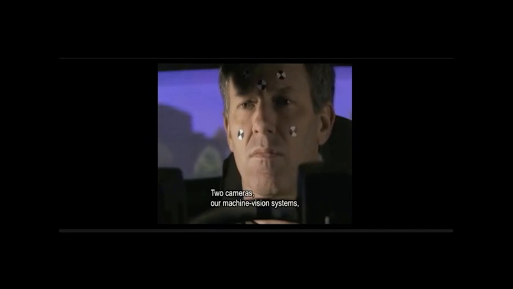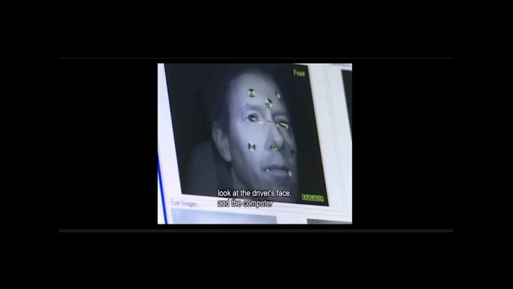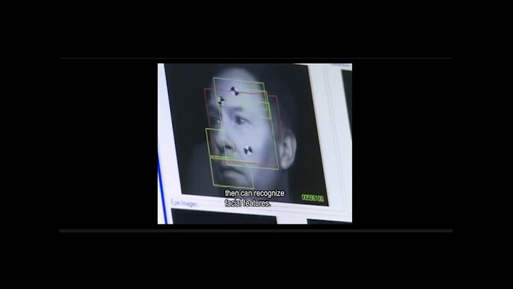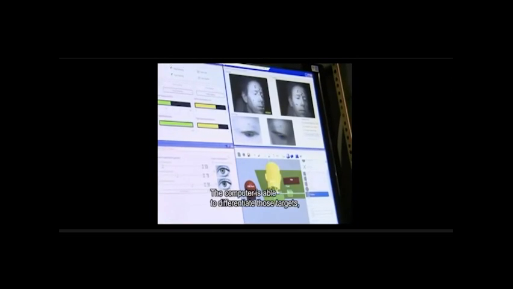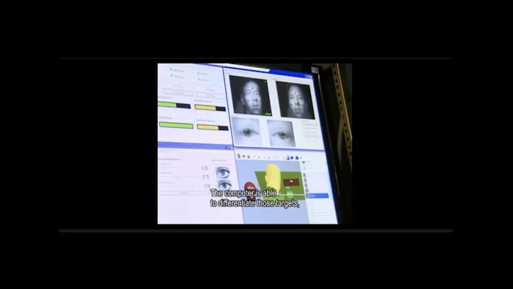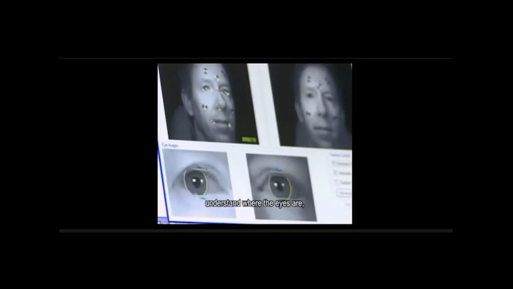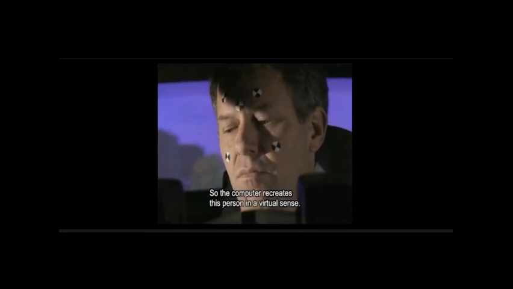How much time are they spending looking on the road versus off of the road? 2 cameras, our machine vision systems, look at the driver's face, and the computer then can recognize facial features. The computer is able to differentiate those targets, understand where the eyes are, and then track where the driver is looking themselves. So the computer recreates this person in a virtual sense.